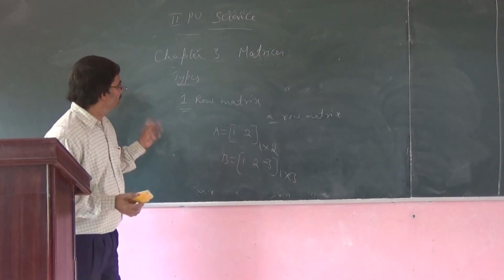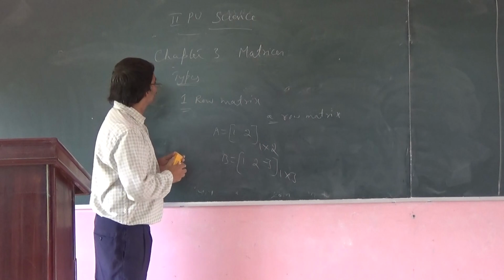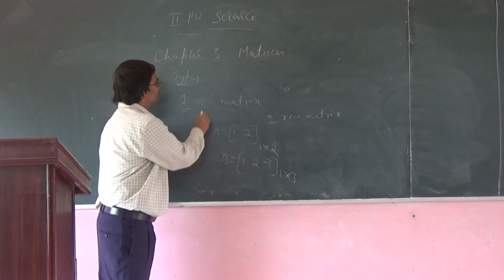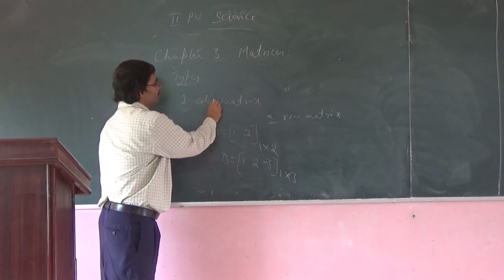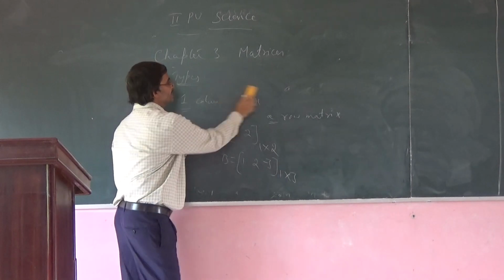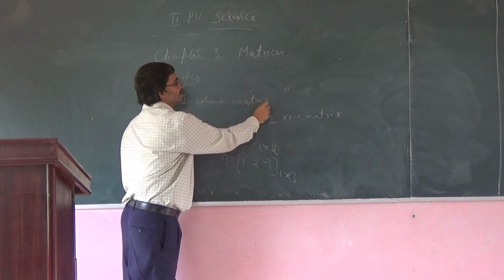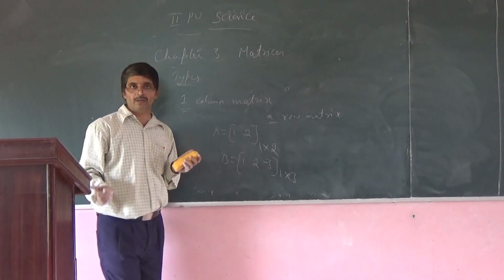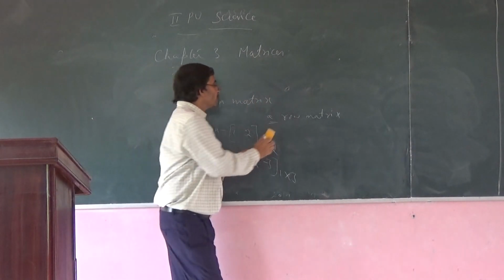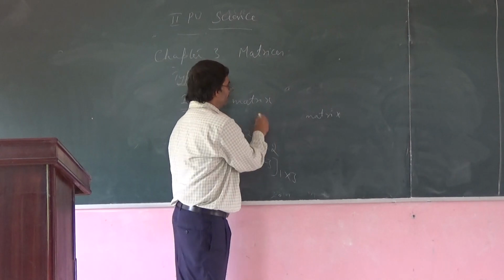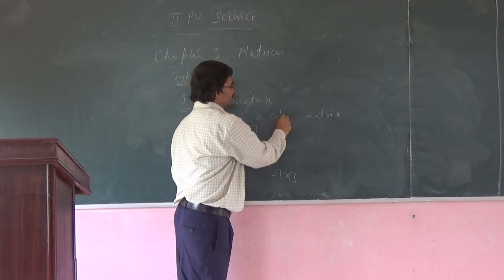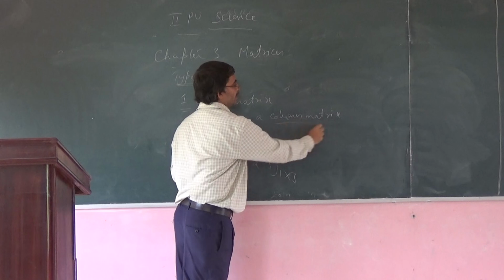Next, column matrix. The name suggests there is only one column. So you can easily remember a column matrix.